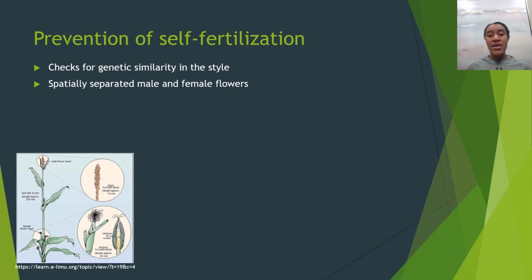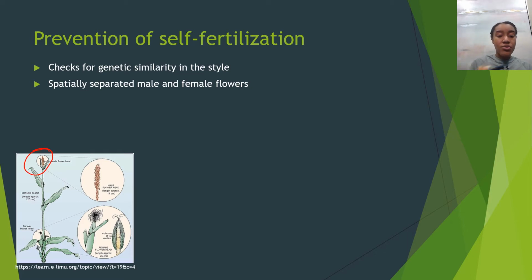Another way is they can spatially separate their male and female gametes. So in the case of corn, I don't know if you guys have ever seen corn. I'm from Indiana, so I've seen lots of corn. But at the very top of the cornfields, you have these bristly structures. You can see them. And this is actually where you have your male flowers. So they're flowers that just have the male structures, and they produce the pollen grains.